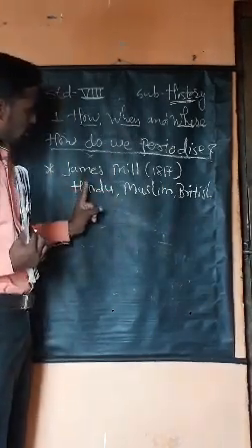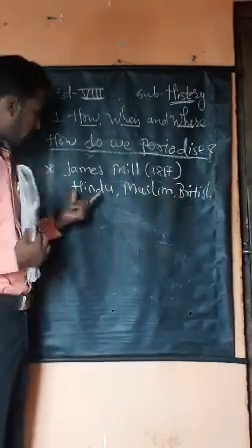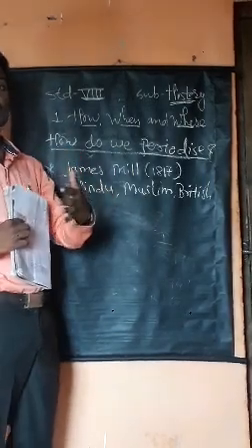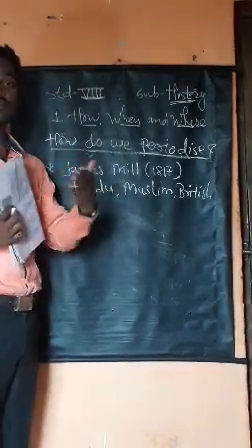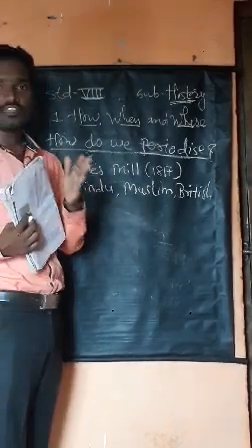That is Hindu time, Muslim time and British time. We have seen that there are many dynasties: Chola dynasty, Pandya dynasty, Maurya dynasty, Satavahana dynasty.